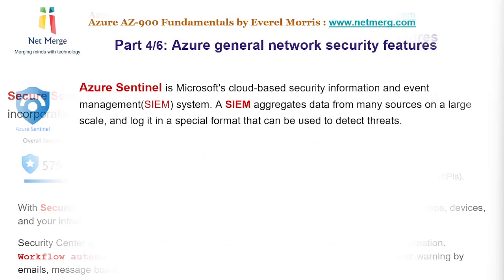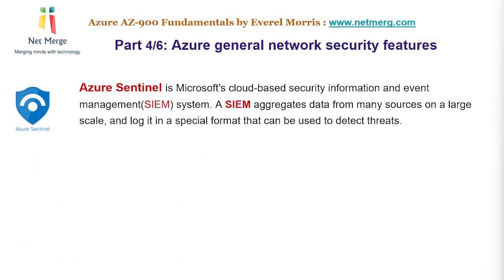Now let's look at another piece of the security apparatus, which is Azure Sentinel. Azure Sentinel is a Microsoft cloud-based security information and event management system, SIEM for short. So a SIEM aggregates data from many sources on a large scale and logs it into a special format that can be used to detect threats.